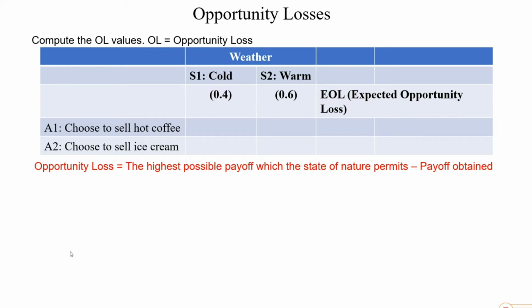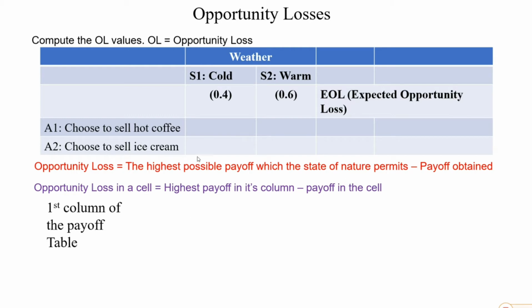So by this definition, the opportunity loss in this cell is the highest payoff in this column minus its payoff. The difference between the highest payoff and the payoff. This is the opportunity loss value.